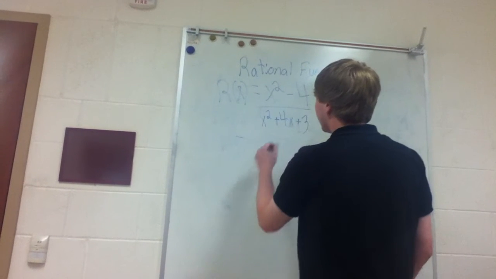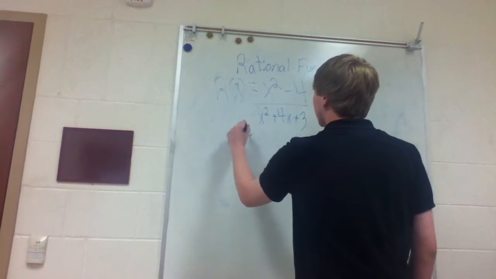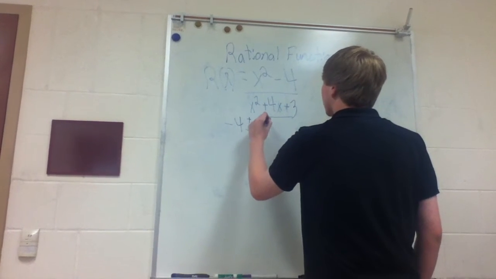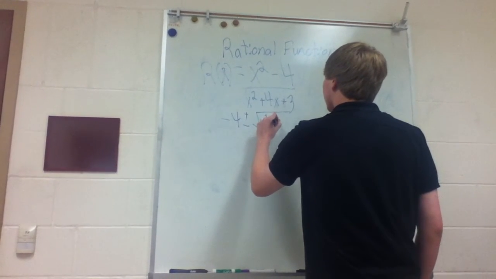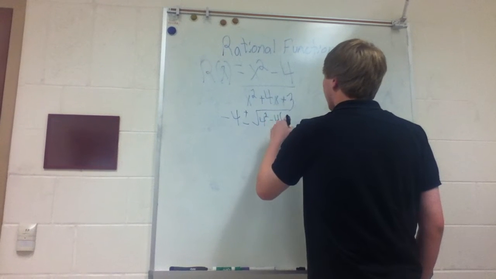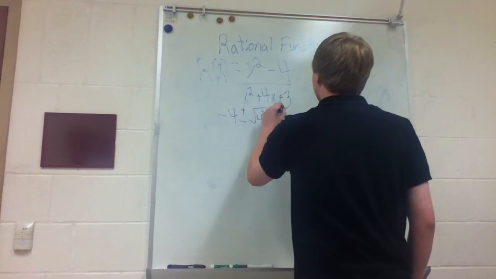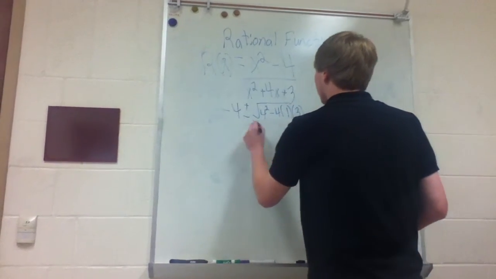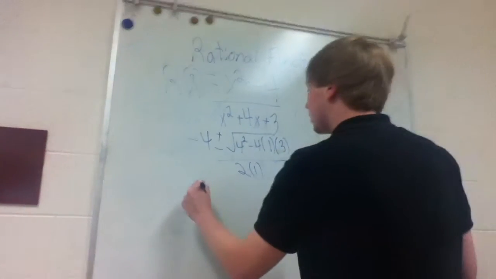opposite of your b, which is 4, so it'd be -4 plus or minus the square root of 4 squared minus 4 times your a, which is x squared, which will equal 1, times your c, which is 3, over 2 times 1. Plug this into your calculator.